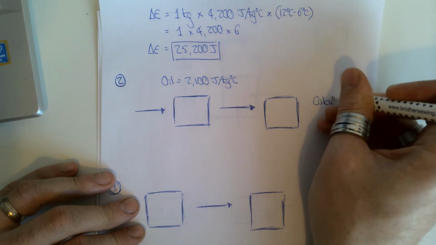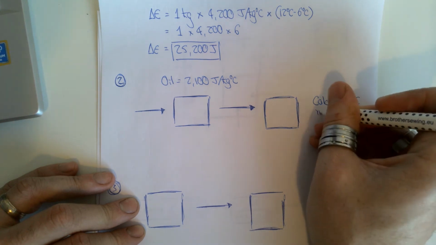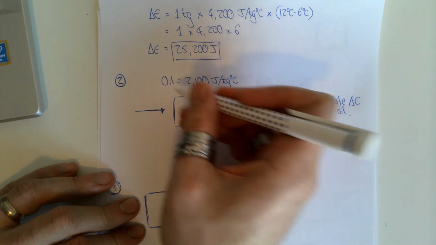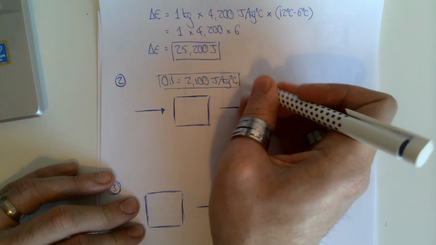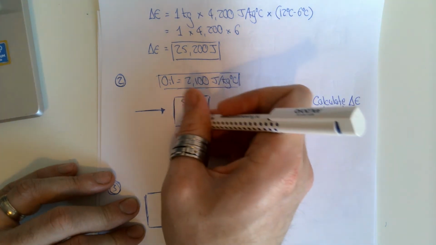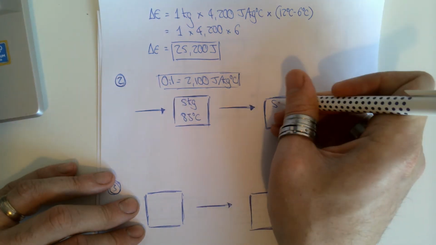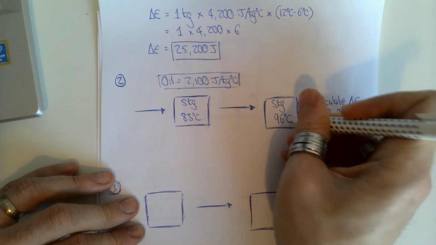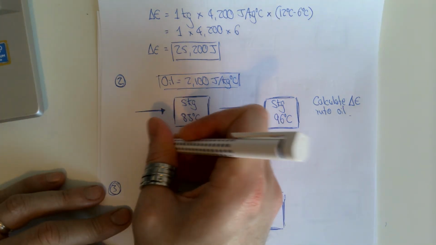Calculate energy transferred into oil. So we've been given our specific heat capacity here. And in our question, we know that we've got 5 kilos of oil, starting temperature of 83 degrees Celsius, and that 5 kilos of oil is heated to 96 degrees Celsius. So let's put our numbers into our equation as we did in the previous example.